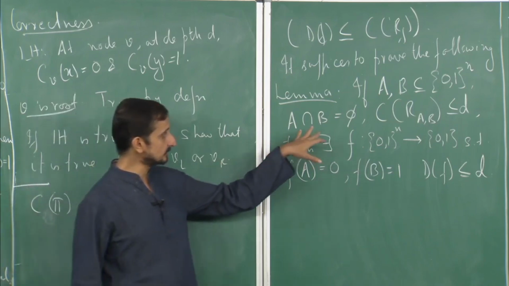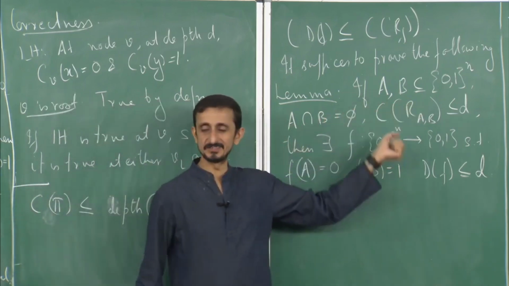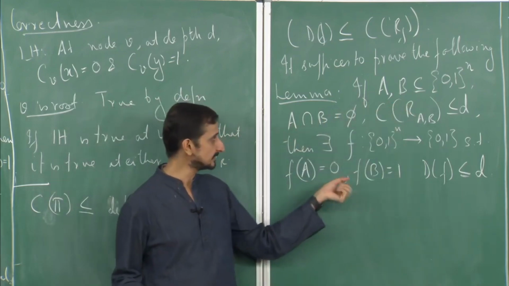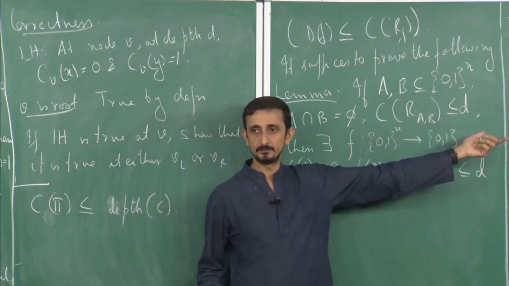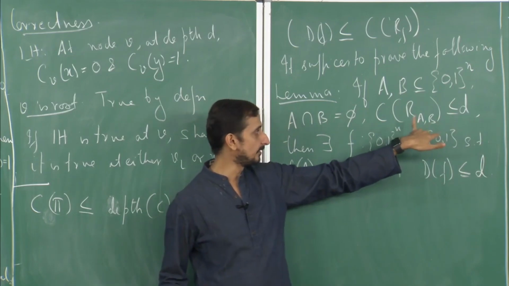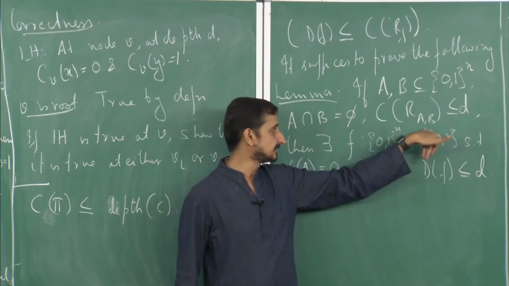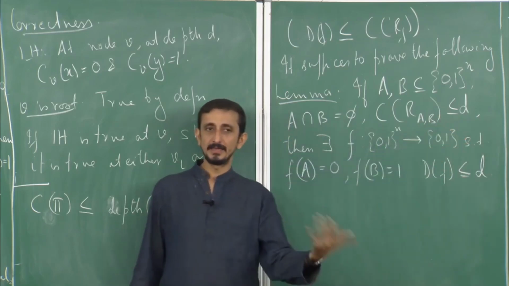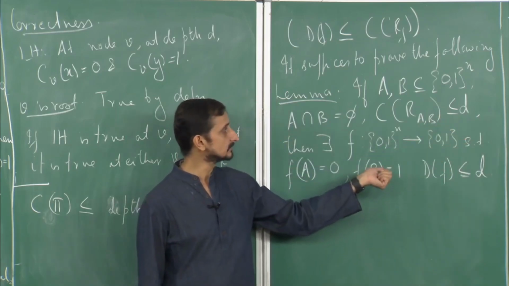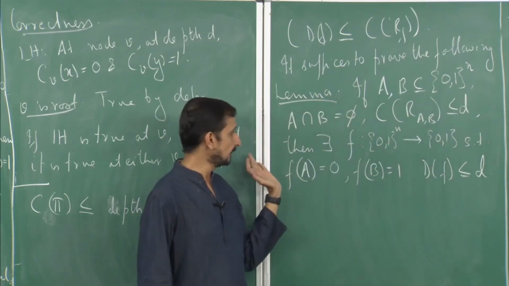So what are we saying here? Take two sets. Here we are talking in terms of sets. We have two disjoint subsets, and the communication complexity of this relation is at most D. So if Alice is given an x belonging to A and Bob is given a y belonging to B, they can compute an index on which x and y differ in at most D bits.